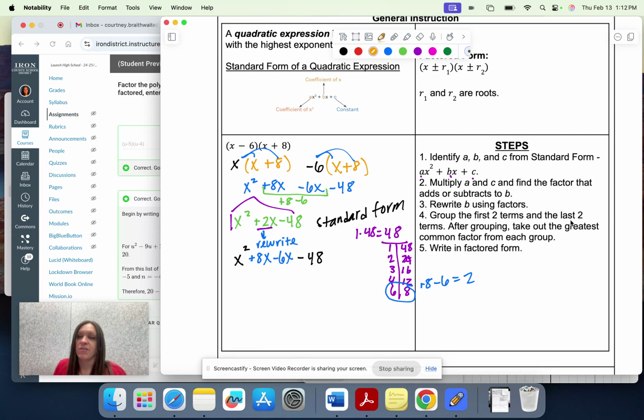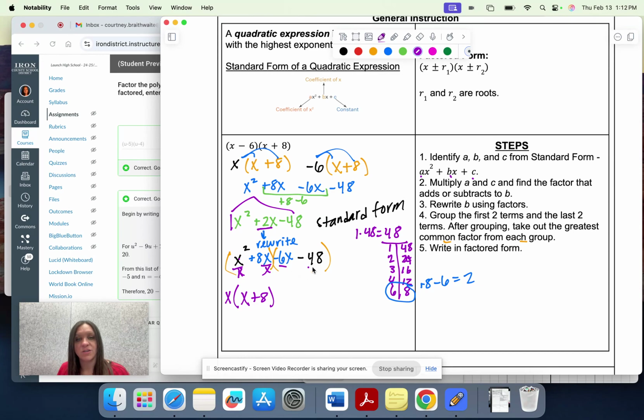Okay, group the first two terms and the last two terms. So I'm going to do that with parentheses and take out the greatest common factor. So in our first one here, the greatest common factor is just x. This has an x, this has an x. So we're going to divide both of those by x and remove x, and we're left with x plus 8.